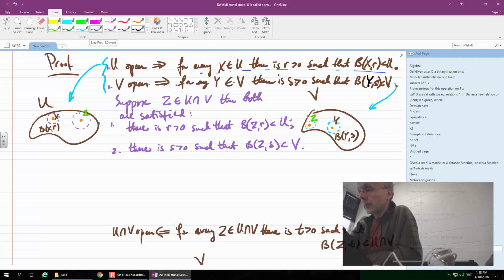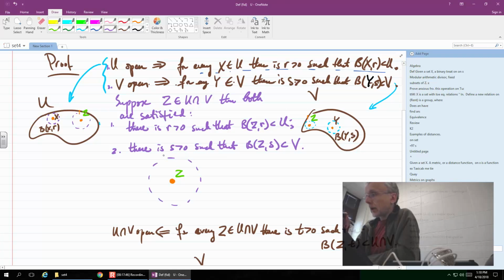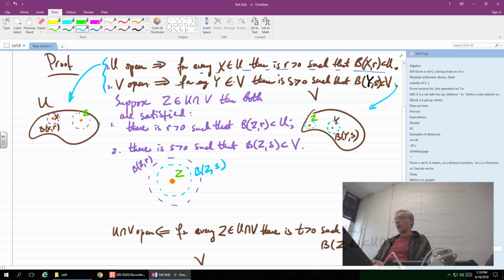So let me take that picture, and from the left and from the right, I have my point Z here, and then there is one circle of radius R, so this is BZR, and there is the other one possibly smaller, or not, we don't know, but it doesn't matter. We have the other one, which is BZS. So that's where we are right now.